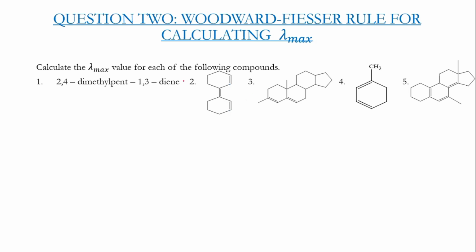Now, when you are talking about the Woodward-Fieser rule, you say that the lambda max is equal to the base value plus the summation of the substituents on the compound, and then plus other contributions.